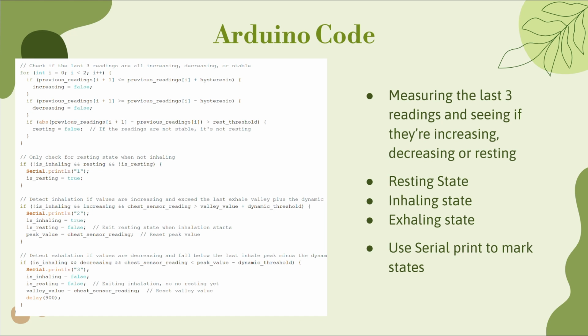To do this, I'm taking the last three readings and comparing them against the previous readings to see if they're increasing, decreasing, or resting. Based off of these values, we set three different states. Then I'm using the serial monitor to print different numbers depending on which state it's in: 1 for resting, 2 for inhale, and 3 for exhale.